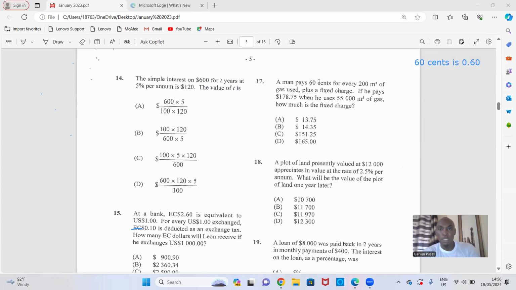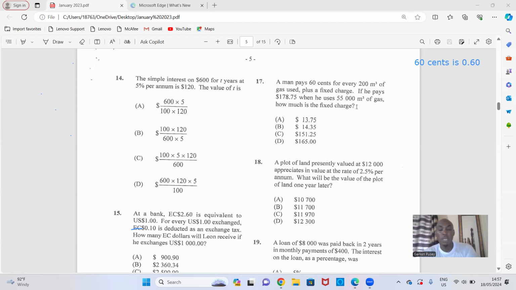So a man pays 60 cents for every 200 cubic meter of gas used, plus a fixed charge. If he pays $178.75 when he uses 55,000 cubic meter of gas, how much is the fixed charge?